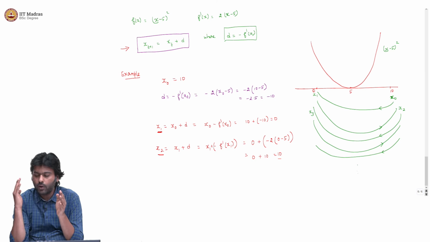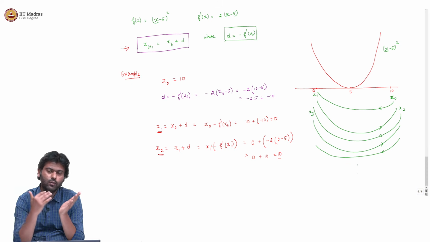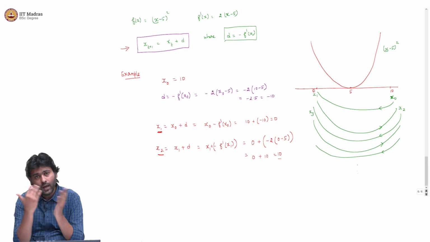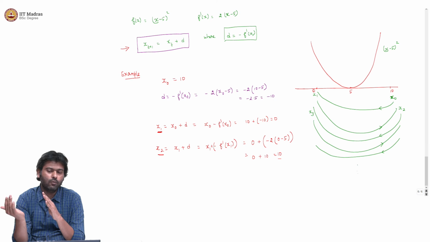If x0 is 10, you have to move to the left, which means that you have to add a negative value to your current value, and that is exactly what we are doing. Our minus f dash of x is indeed giving us a negative value, which in this case was minus 10, and so we move to 0.